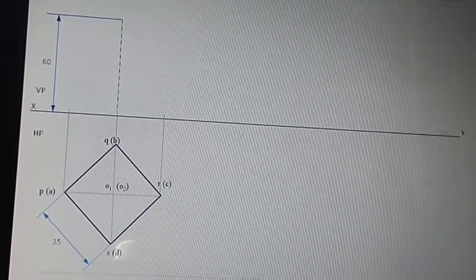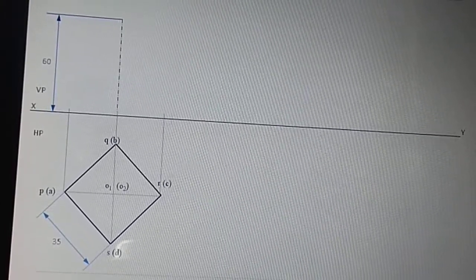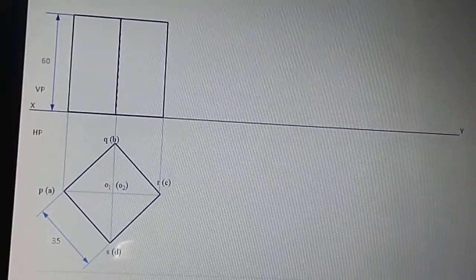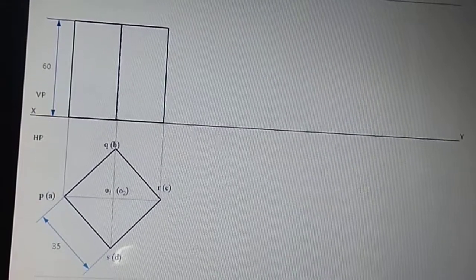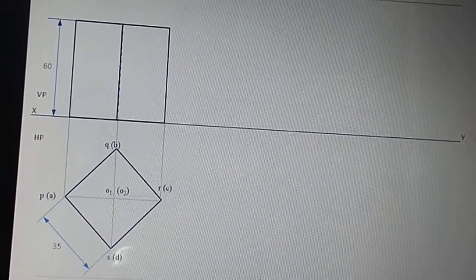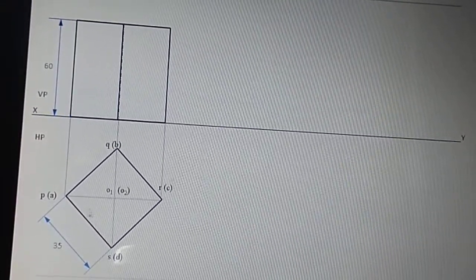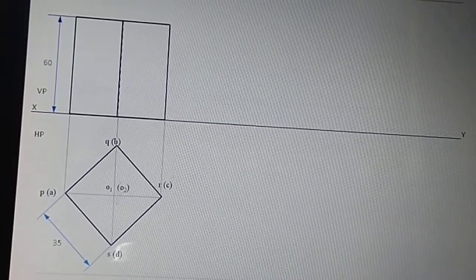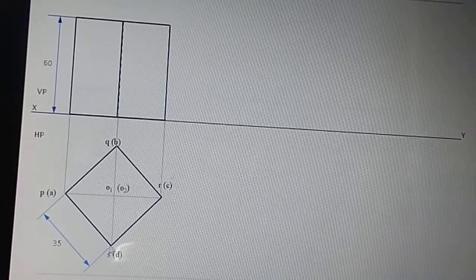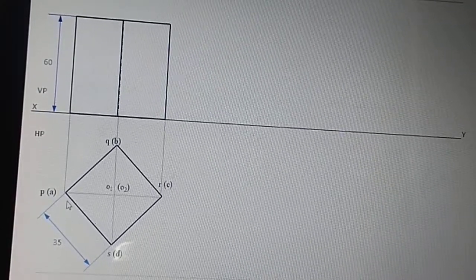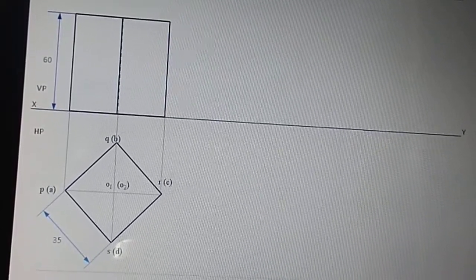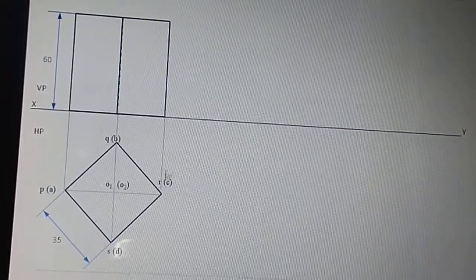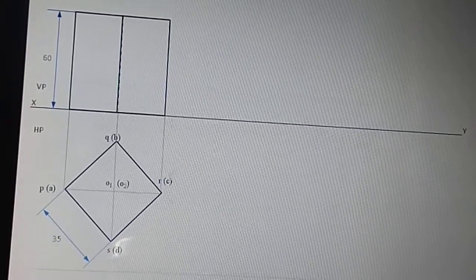Then you project from each corner the projection lines in the upward direction. You have to construct the front view. In the front view, the two corners S (D) and Q (B) are in the same line. So in the front view, corner P (A) is visible, so you draw a thick line, and R (C) is visible, you draw a continuous line.